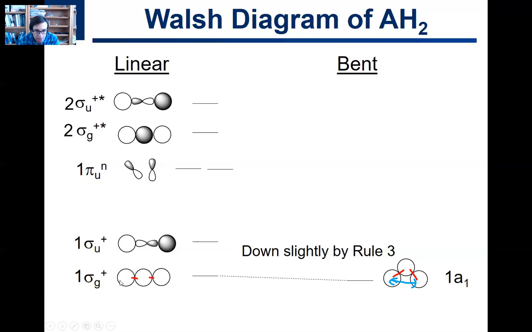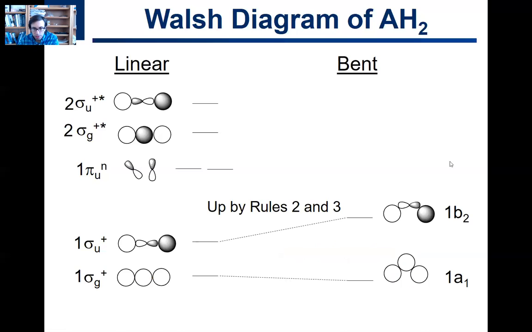And how did we get this a1? Well, this is totally symmetric, so it's going to be A1 in C2v. Another way is to use a correlation table, right? You could use a D∞h to C2v correlation table, look that up, or if you really needed to, you could derive that and figure out how all these symmetries translate in C2v.